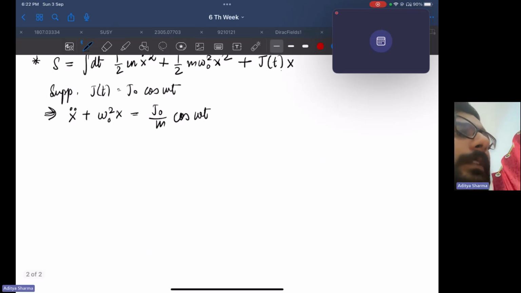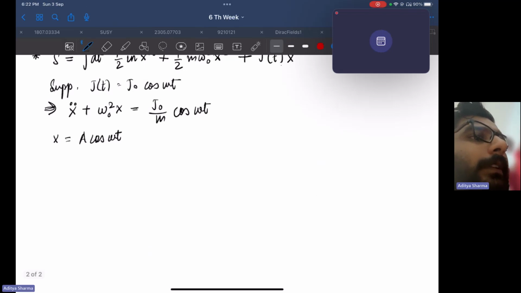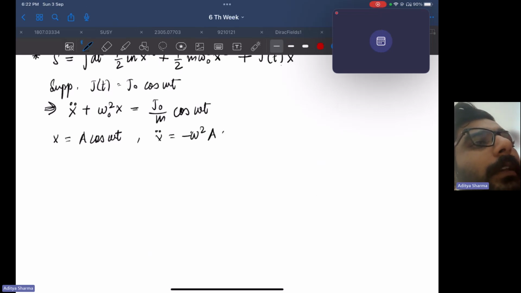And the way to solve this is we assume a solution x is equal to A cos omega t, say, and we find x double dot is equal to minus omega square A cos omega t.